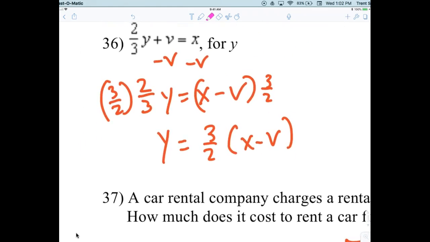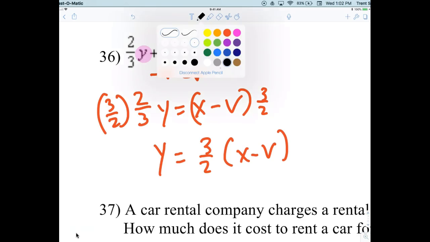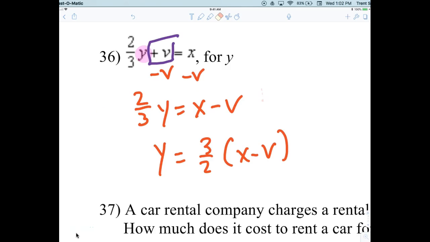Very, very important. All right, so the first thing I try to show kids, we're isolating the y, right? So that means I have to get rid of the plus v first. All right? And to get rid of plus v, I have to do what? Minus v. You agree with that? And then that's where I came up with this statement.